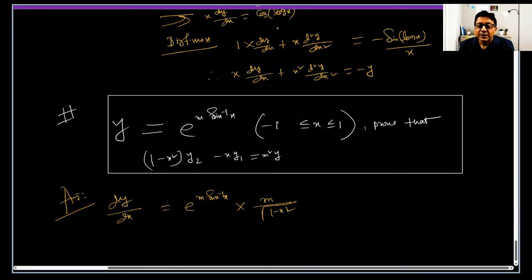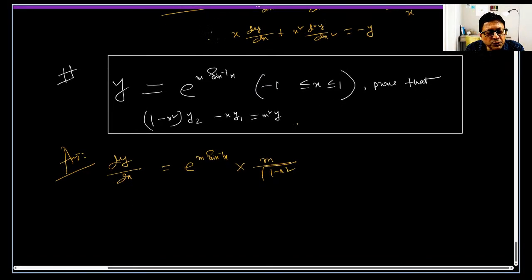Agree? This is again like the previous two sums. The technique we have used: cross multiply, square and differentiate. So root 1 minus x square y1 will be e to the power m sin inverse x.